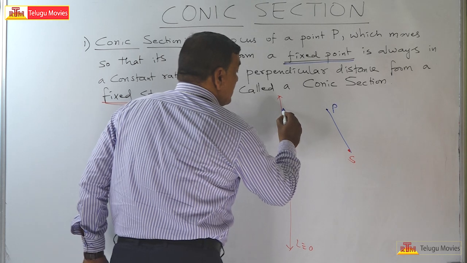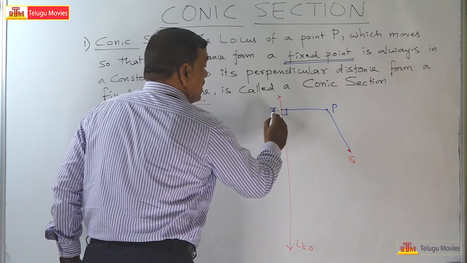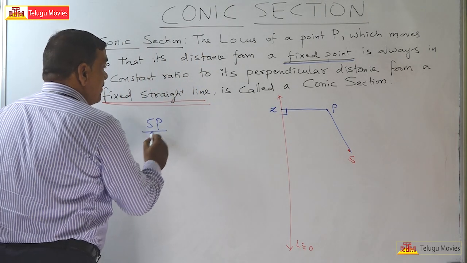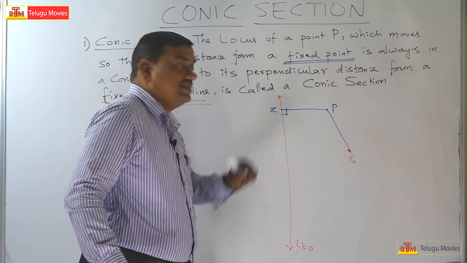Let us call that perpendicular distance PZ. So this ratio is SP by PZ, that is PS by PZ.